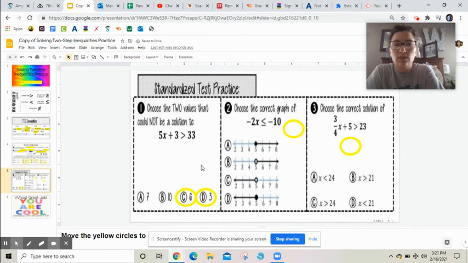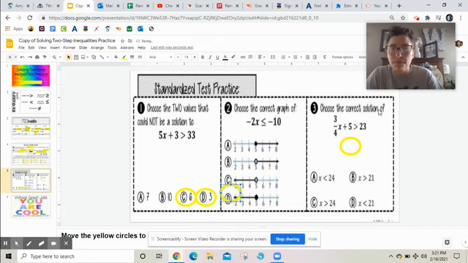Says choose the correct graph. Okay, so if we did that one, you would have to flip the symbol. All right, and it would be closed. And guys, that would have to be D because it would be positive. And choose the correct solution of that one there. So if we were to solve that, remember we would subtract 5 from both sides. And we would have 3/4 x plus 5 is greater than 23.